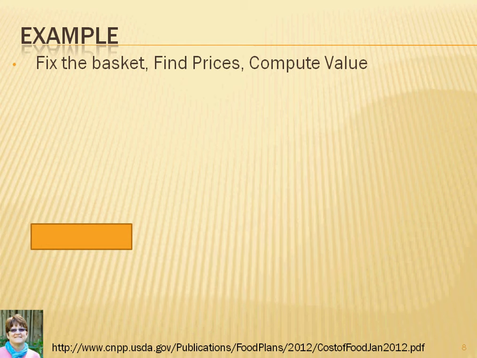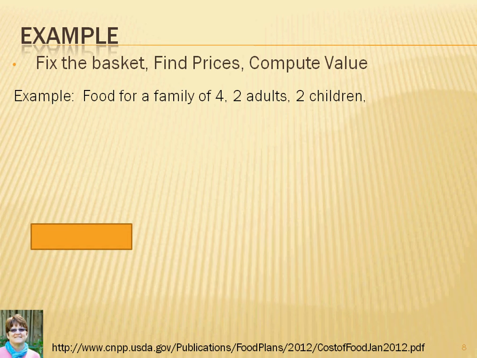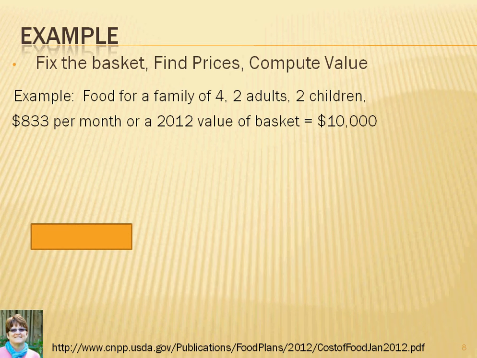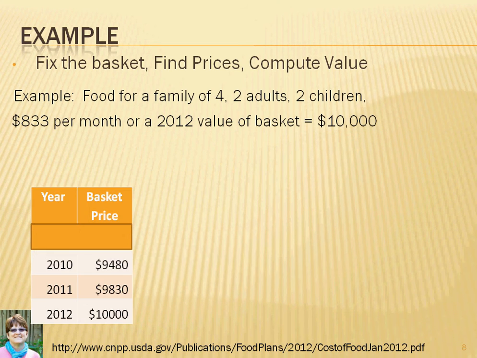According to the USDA, the average monthly food bill for a family of 4 today is between $550 and $1,070 per month. Let's pick a median number, for example, $833 per month, or around $10,000 for the entire year of 2012. In 2011, this was $9,830, and in 2010, it was $9,480.